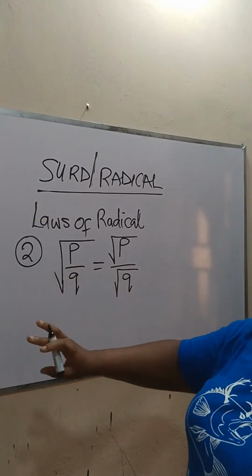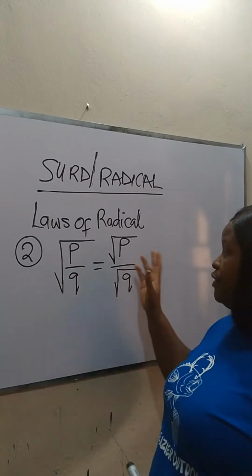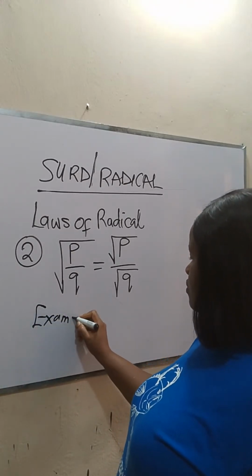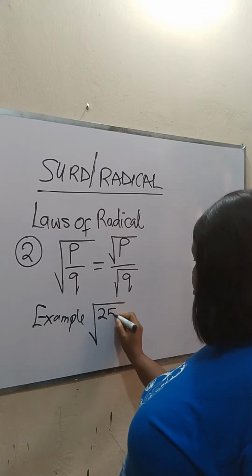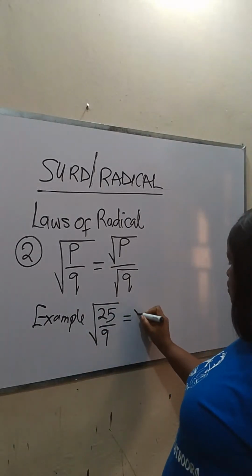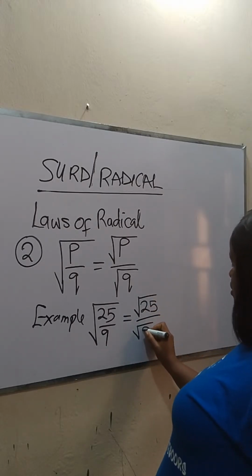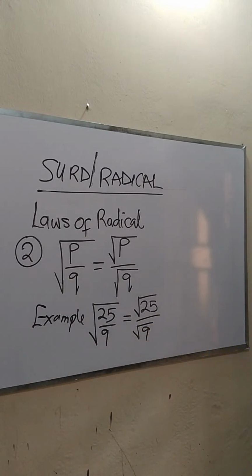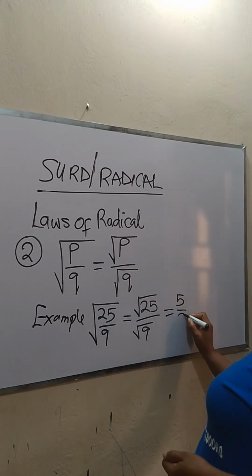The first law has been settled. This is the second law. It says that square root of P over Q is equal to square root of P over square root of Q. So let's take for instance square root of 25 over 9, which is equal to square root of 25 over square root of 9, and this is equal to 5 over 3.